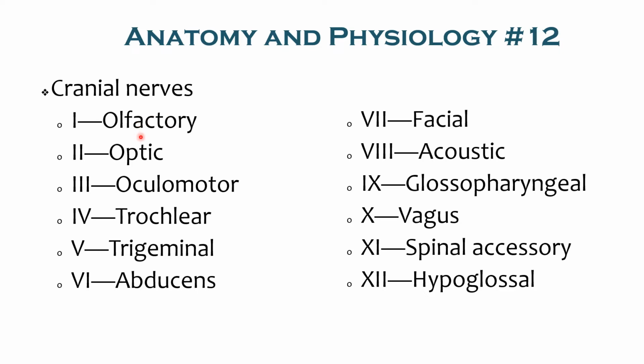Number 1, or cranial nerve number 1, known as olfactory, functions for the sense of smell, and the type of impulse is sensory. And then cranial nerve number 2, its function is for vision, and the type of impulse is sensory.